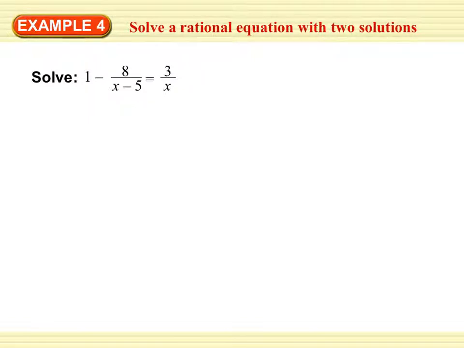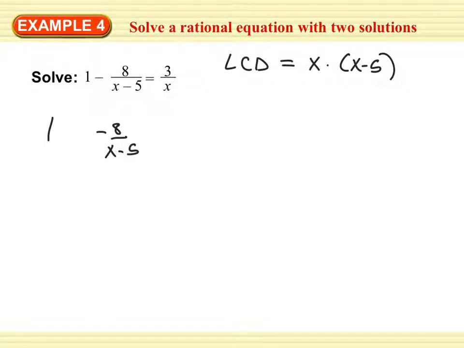Not a big deal. Could just be getting a little harder. My least common denominator needs an x and an x minus 5. So I'm going to rewrite this to have more room. Okay, so I can multiply this first one by x times x minus 5.